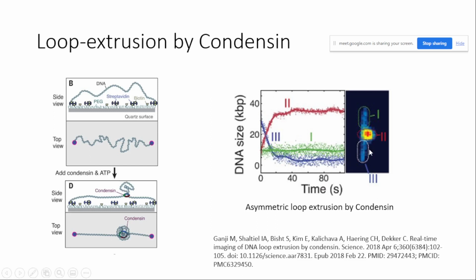If it was symmetric, then we would have seen that the loop DNA is taken from region 3 and region 1 at the same rate. But this is not the case here. So that's why the loop extrusion by the condensate is asymmetric here. So any doubt here? If you have any doubt, please let me know, because it is very important to understand here. Any doubt from this experiment? Why it is asymmetric?